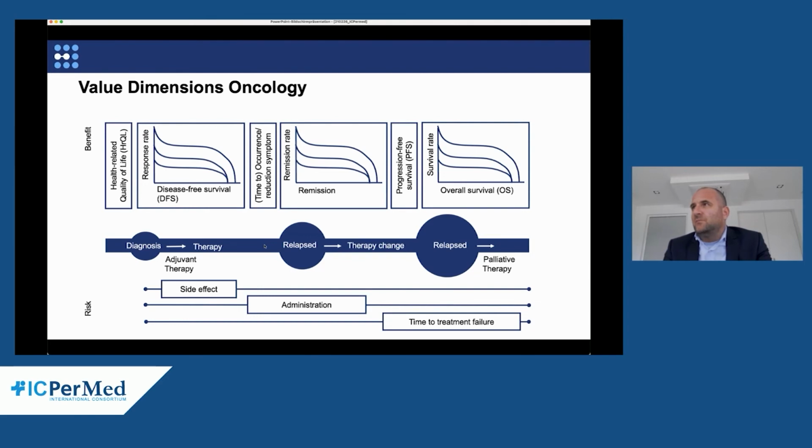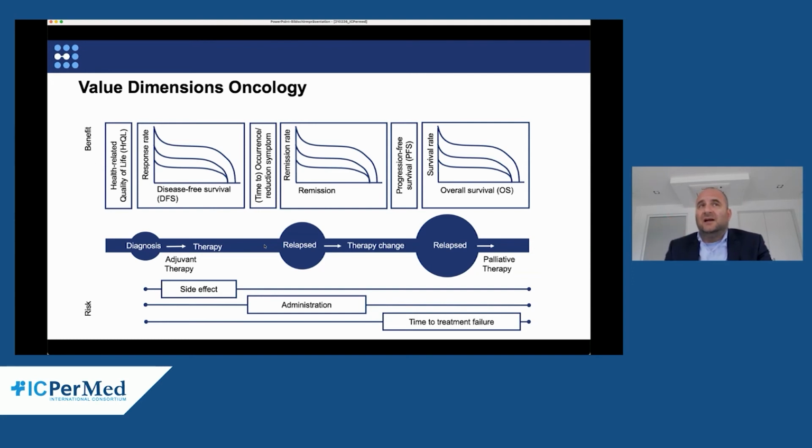The question is, what is the most important endpoint? How are patients valuing these endpoints? Is it really important to look at remission? Can we make fruitful decisions for patients if we only look at remission or disease-free survival?